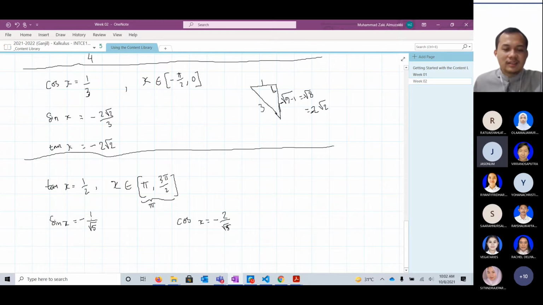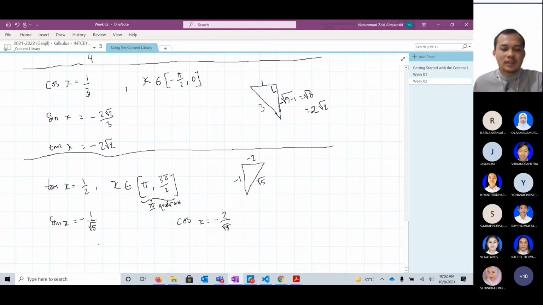This is in the third quadrant. That's why the triangle should look like this. So it should be here -1 and here -2, right? And here is the square root of 5.